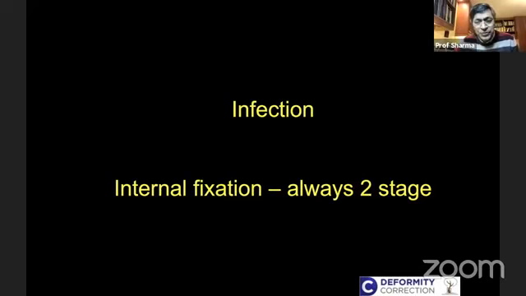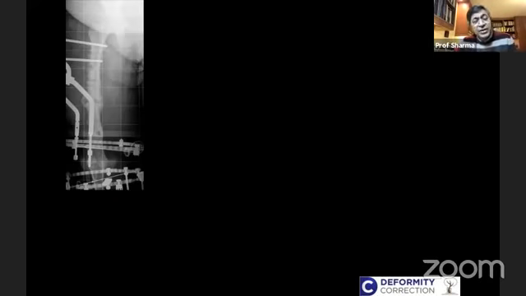But if you do, always do a two-stage procedure. Stage 1 is clearing out, stage 2 is fixation. So this is a patient with multiple non-unions and multiple knee replacements. I fused the knee. She fractured at the top, so I had to extend the frame above, and she wasn't doing very well.